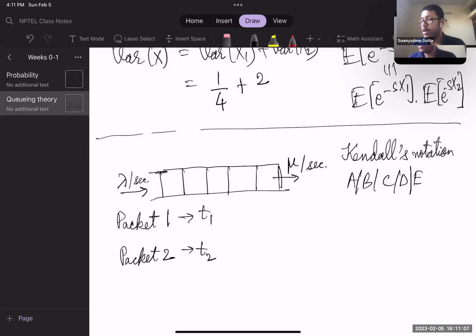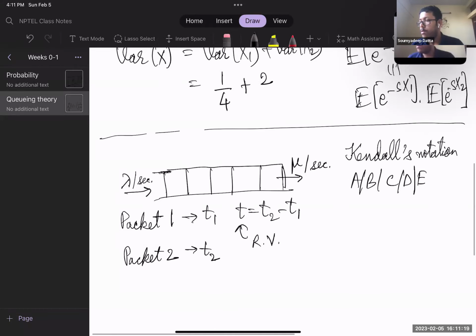Then I have the inter-arrival time t, which is t2 minus t1. This is a random variable in itself, right? What distribution will it follow? That distribution is indicated in this notation A. So this is the arrival distribution. And then B is the service time distribution. And C is the number of servers operating in parallel, right?